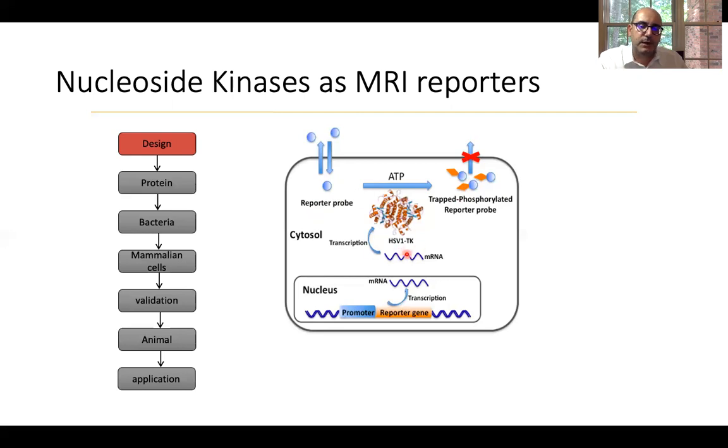What's unique about the HSV-TK is that it can phosphorylate thymidine analogs that cannot be phosphorylated by endogenous thymidine kinase. For example, acyclovir, ganciclovir, those are antiviral drugs, but also FIAU, which can be iodinated, and it's a reporter gene for PET or SPECT.